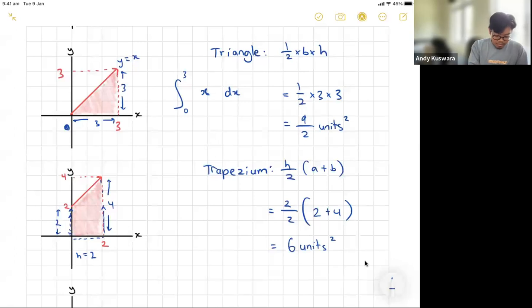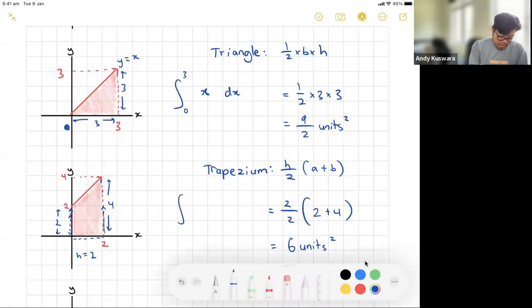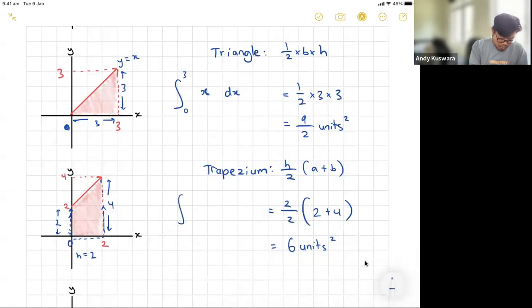Now, again, here's the tough part. Now we're integrating between the x values of 0 and 2. So 0 goes down here, 2 goes up top here. We're trying to find the area between those 2 points on the x. Now, what's the actual graph itself? I need to find the equation.